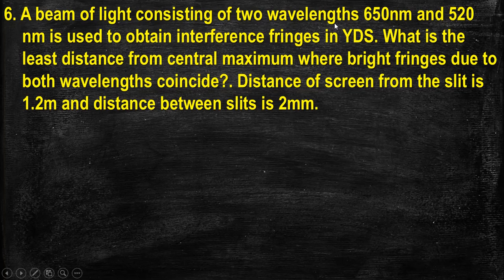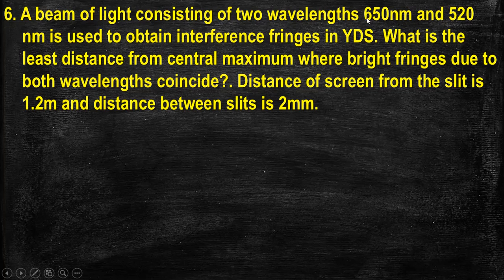Here they are using two light sources. One is 650 nanometer, then the second is 520. While doing the experiment on interference phenomena, they get a bright fringe for 650 nanometer at one particular point on the screen.